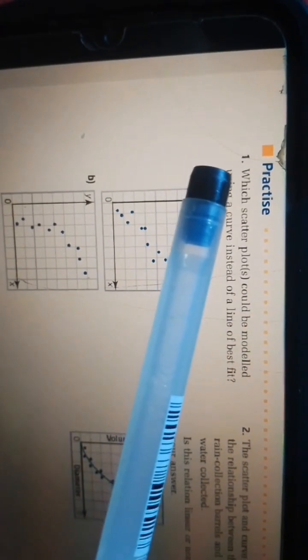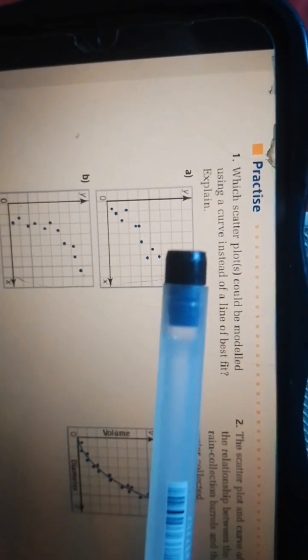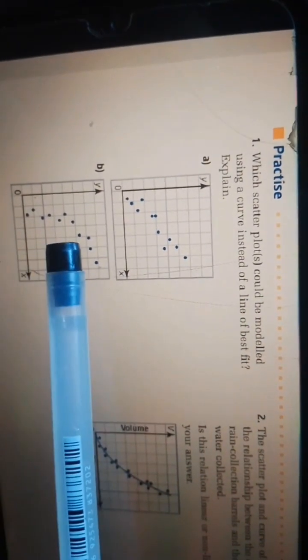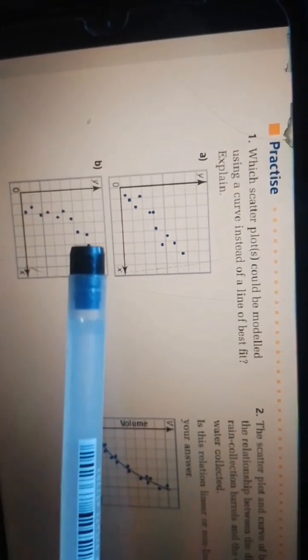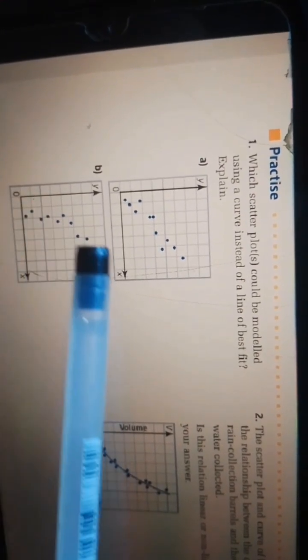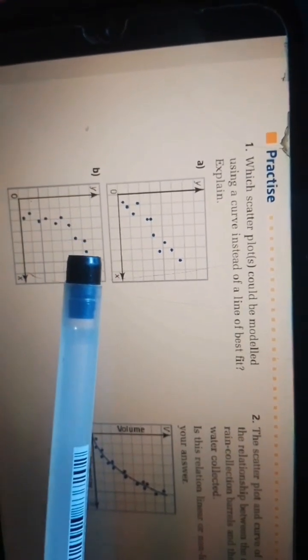In answering this problem, the answer is B, because as you look at the scatter plot, it forms a curved line starting here and going up.